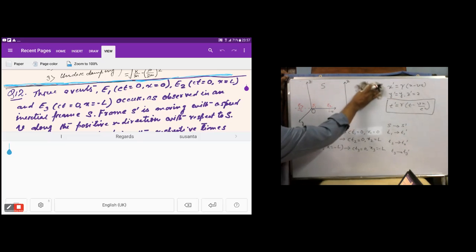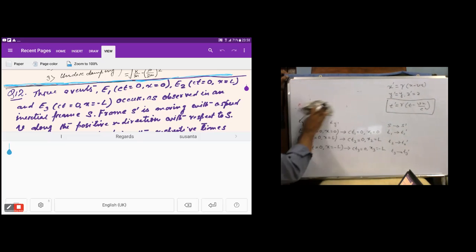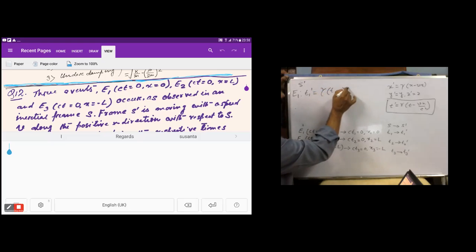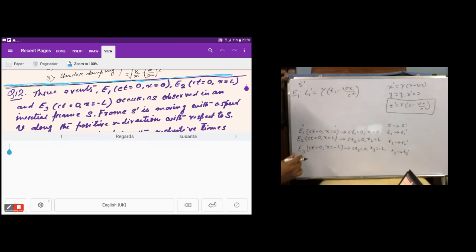So we can find out in S dash frame for event E1, T1 dash is equal to gamma (T1 minus Vx1 by C square).